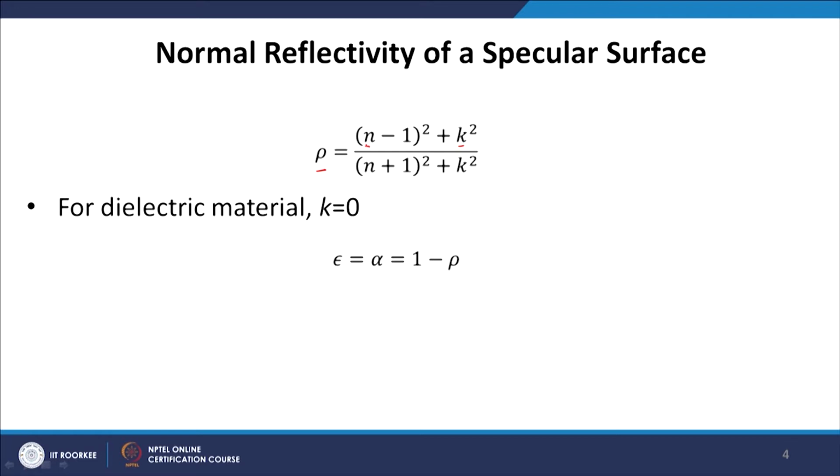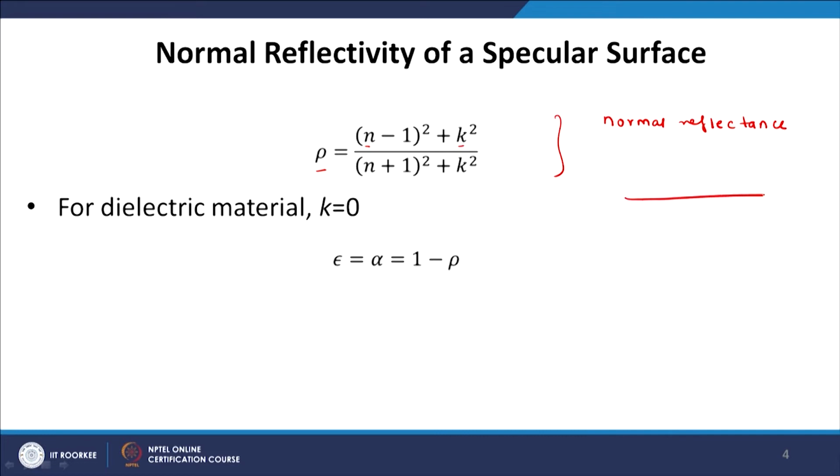The expression for reflectance rho is equal to (n minus 1) whole square plus k square, divided by (n plus 1) whole square plus k square. This gives you the normal reflectance.